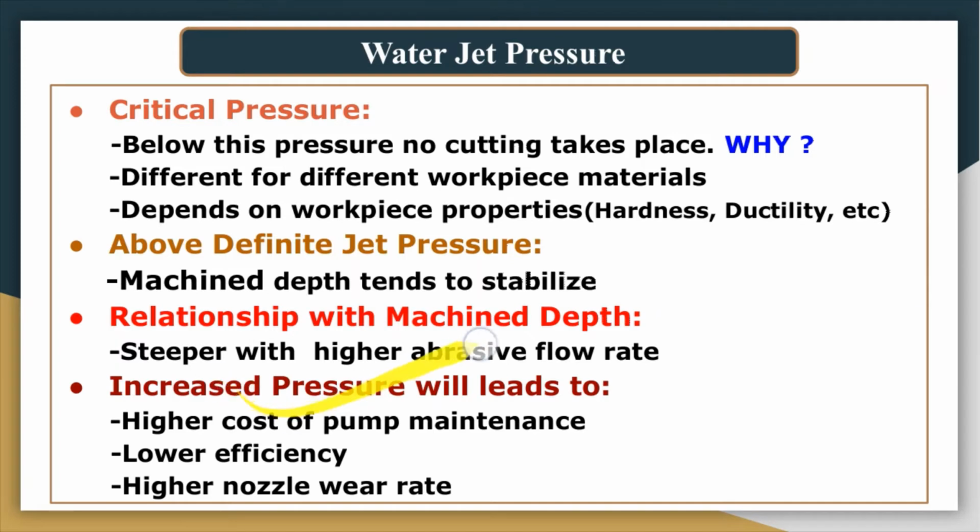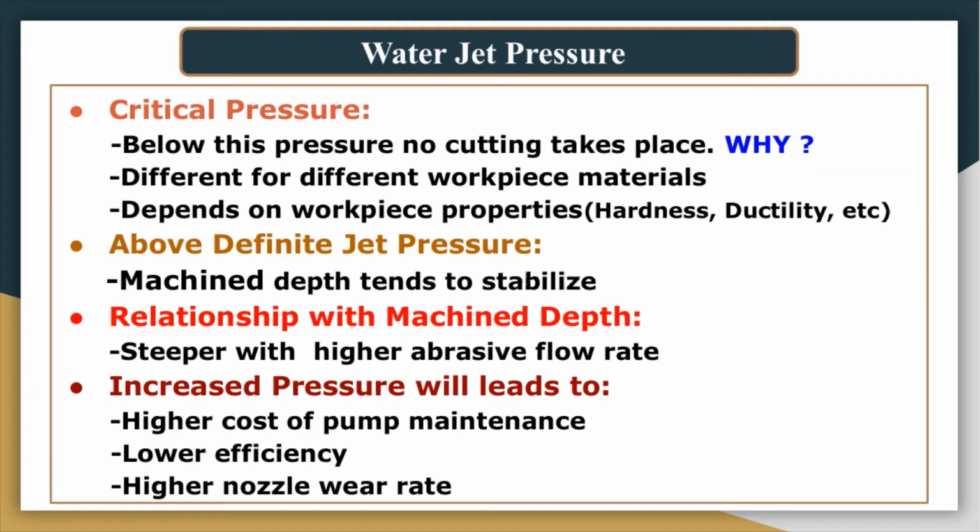Increased pressure will lead to a higher cost of pump maintenance, because if the pressure is very high, the maintenance of the pump becomes more expensive because of more wear and tear. It also gives lower efficiency at very high pressure, and a higher nozzle wear rate is also observed with very high pressure.